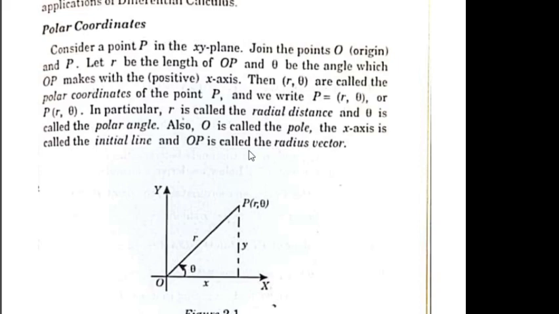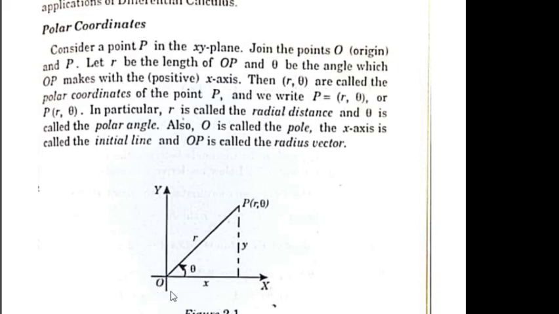polar coordinate system. Here, consider a point P in the XY plane. This is the x-axis and this is the y-axis, and these two axes intersect at this point, which is known as the origin.